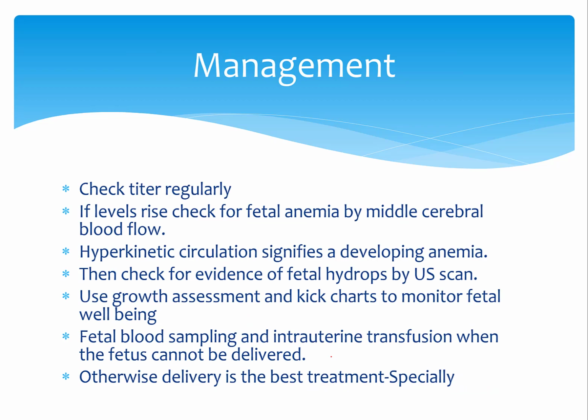So if somebody is having anti-D, you check the titer regularly, and if the titer is going beyond 1 in 16, you start close monitoring. When it is more than 1 in 64, you start looking for other signs of fetal damage.